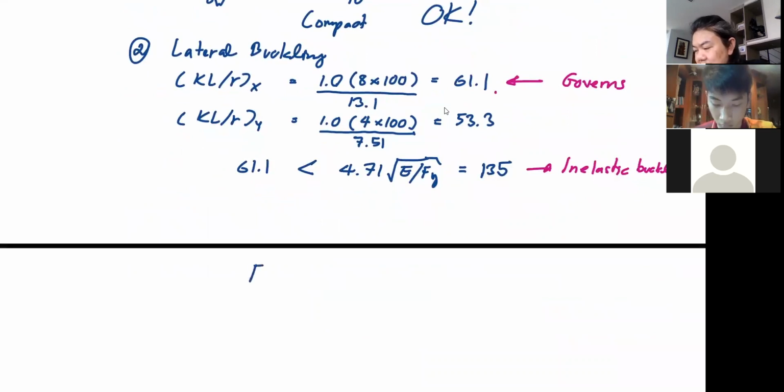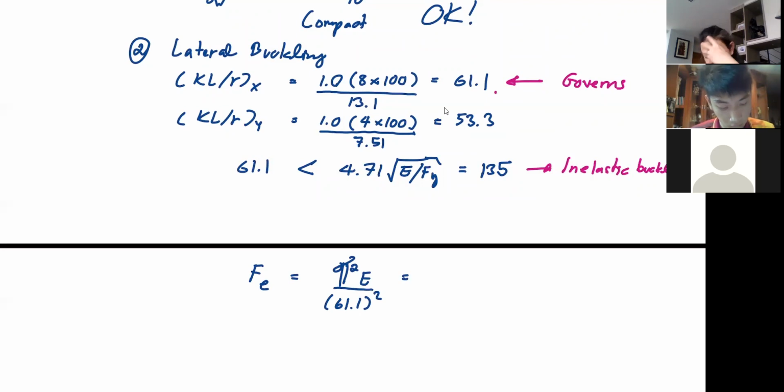So elastic buckling stress, Fe. We calculate this first to plug into the main equation. This is equal to pi squared E over KL over R squared. So that becomes 61.1 squared. Don't forget the square term.